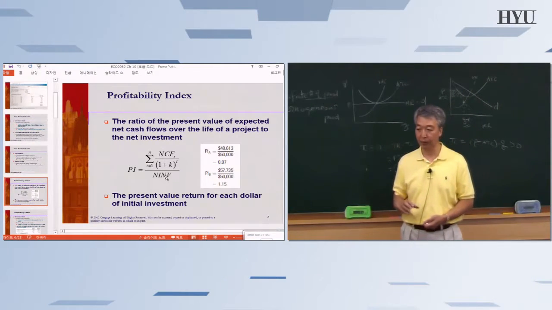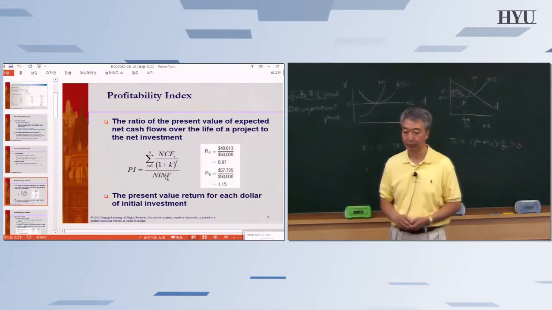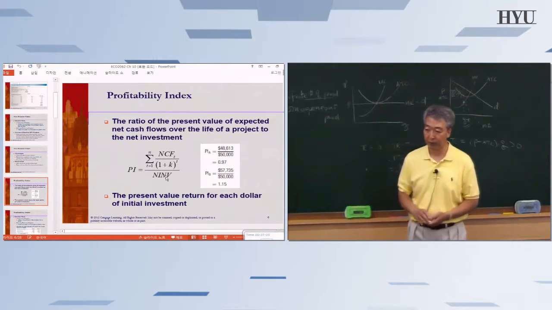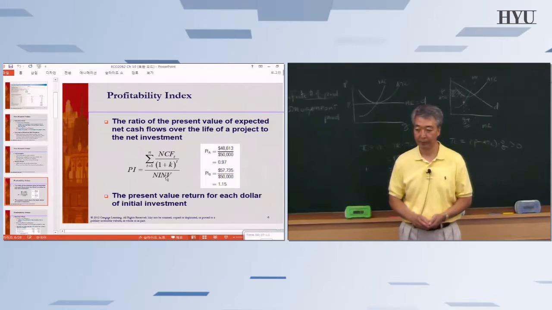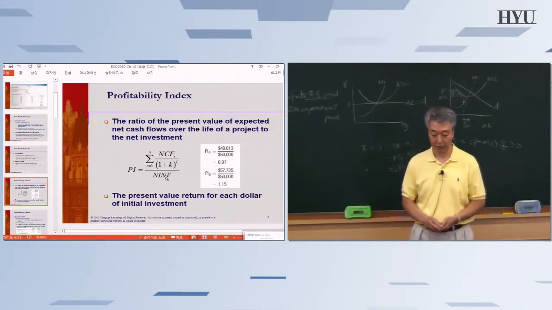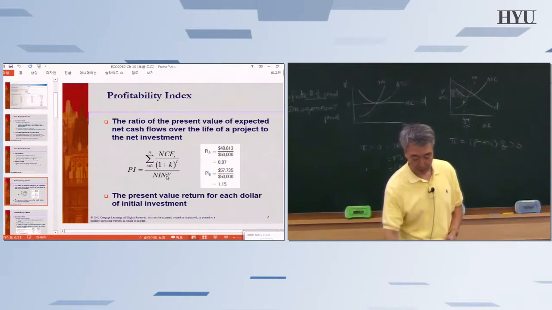If the net present value was positive, what do you expect about the PI? It will be larger than 1. Why? Because net present value was this one minus this one, right?